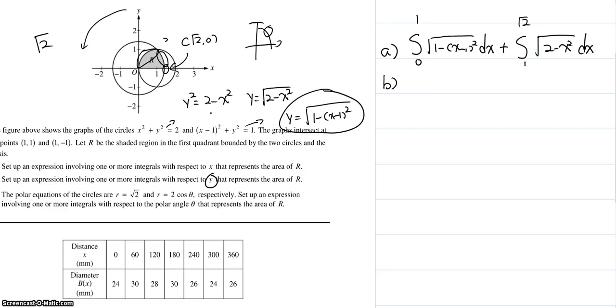So for the big circle, x squared plus y squared equals 2, which means that x equals the square root of 2 minus y squared.